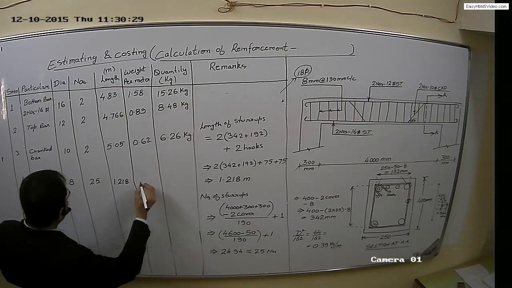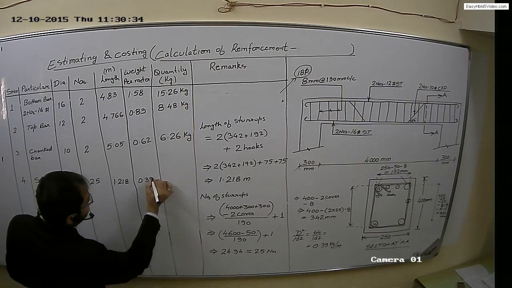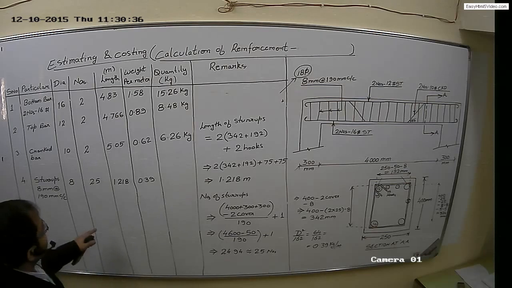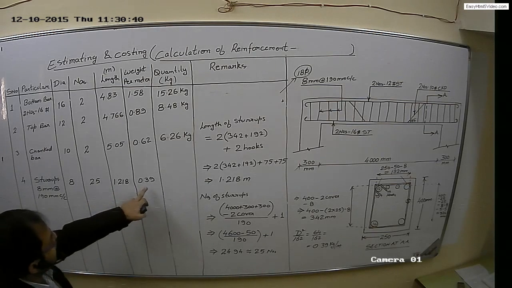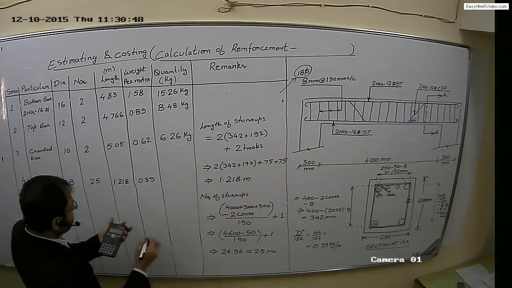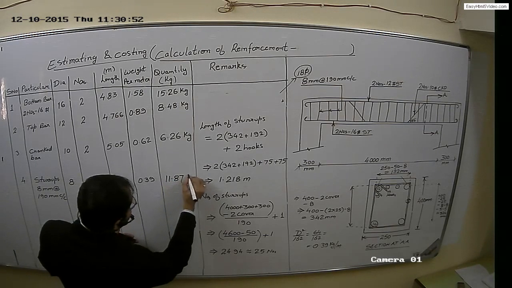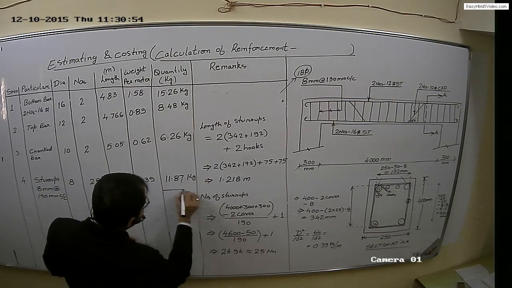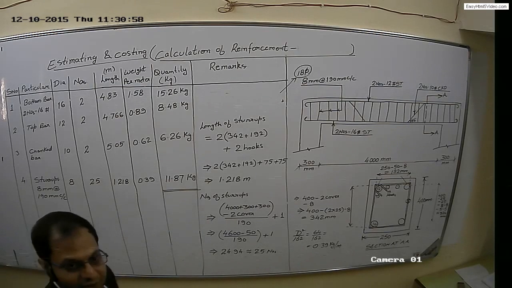So weight per meter for 8 mm dia will be 0.39. The total quantity can be calculated by multiplying the number by the length by the weight per meter, which will be 25 into 1.218 into 0.39. You will get the quantity of 11.87 kg. This is your answer. Okay, got it?